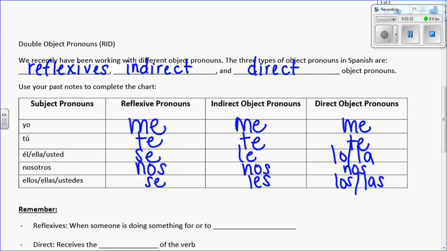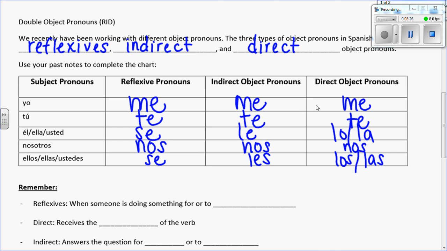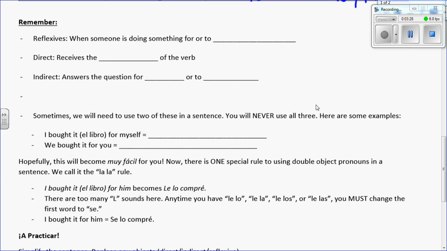Okay? And remember, reflexives happen when someone is doing something for or to themselves. Direct objects receive the action of the verb.